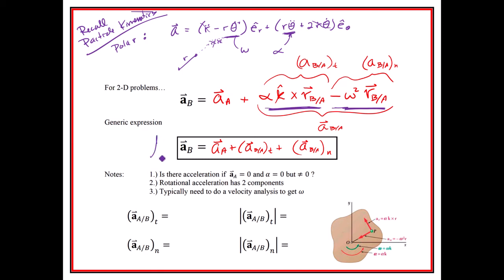So coming back down to this generic equation, we want to recall that the tangential portion up here is alpha k crossed with the position vector r of B with respect to A.